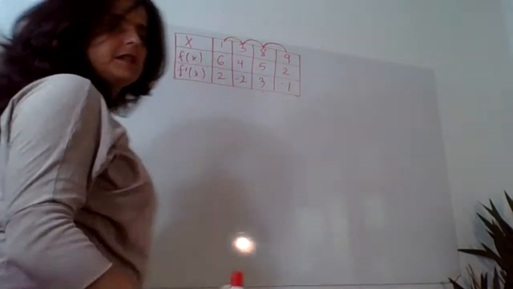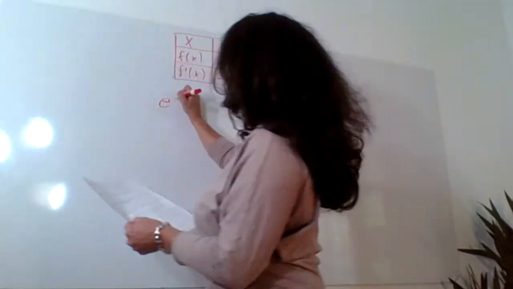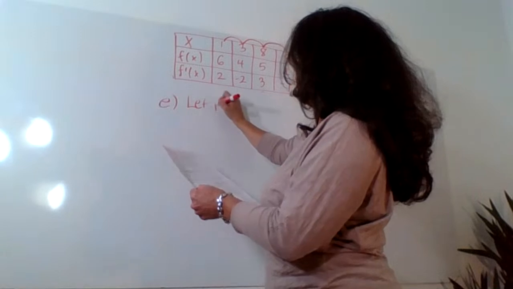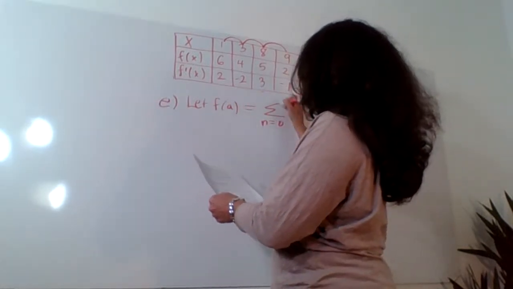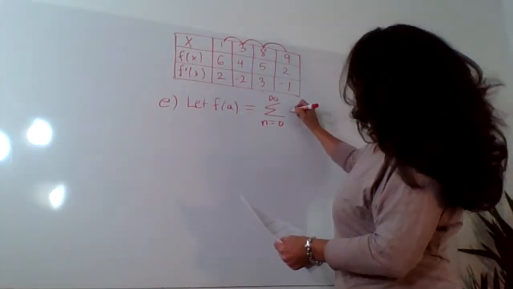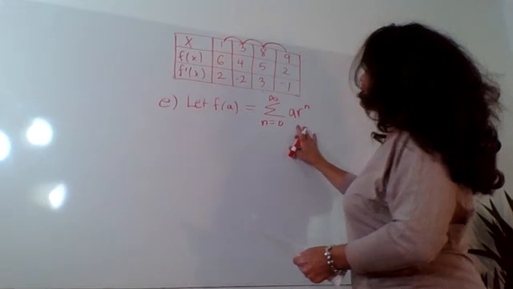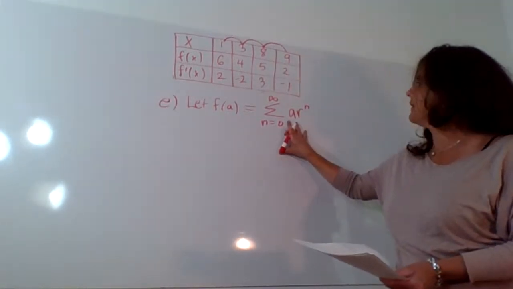So, they ask us, let f of A be equal to sigma from n equals 0 to infinity of A times R to the n. We should recognize right away that this is a geometric series because of the look it has.